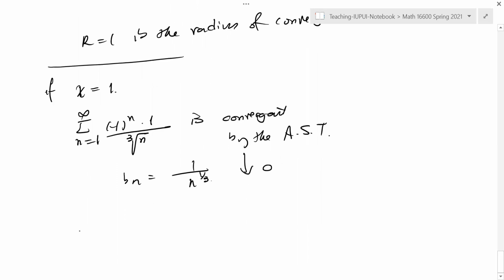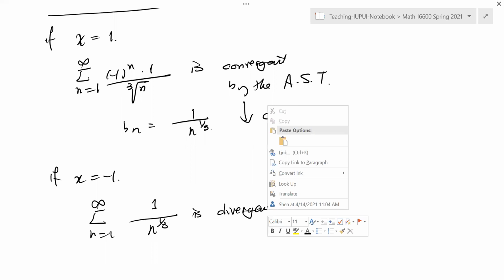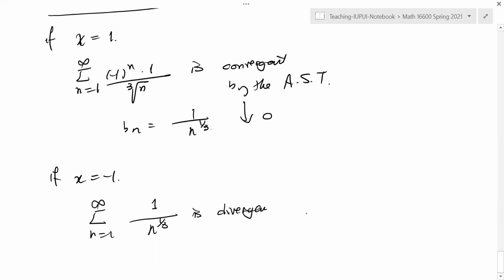Now if x equals -1, then this series becomes negative 1 to that, so the -1 is gone. This is divergent. Why is it divergent? By the p-series test.